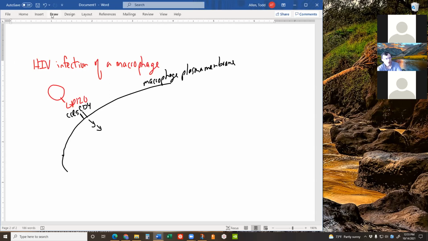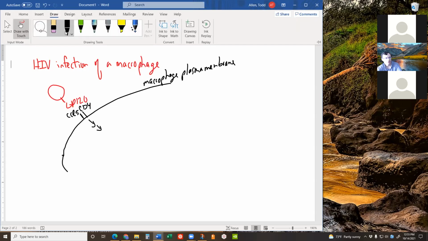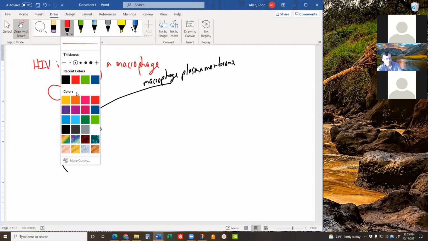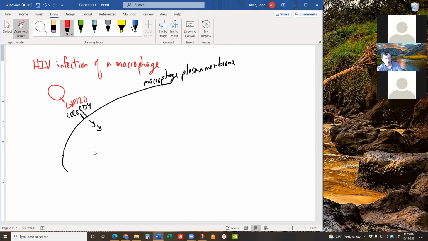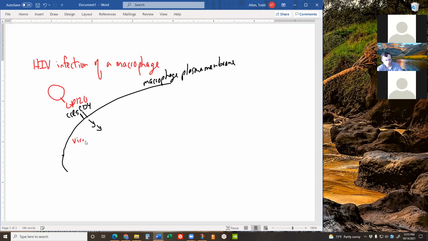So the viral capsid falls apart and releases cargo.